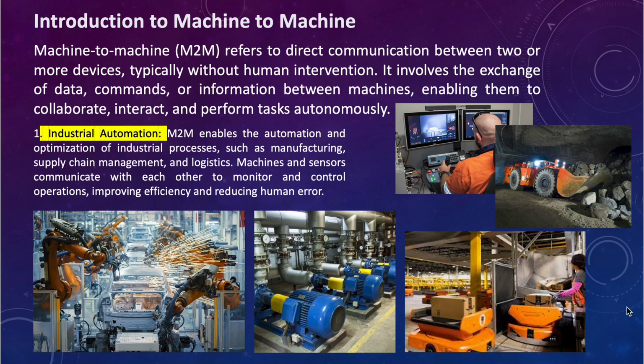So when we are talking about machine to machine today, you can see why I am saying there is a blurred line, because everything today, every machine can be an IoT device when it needs to be, right? So here we have a remotely operated mining system.